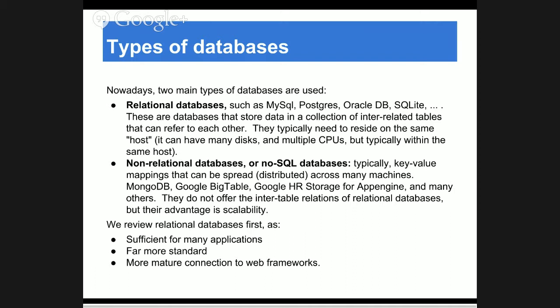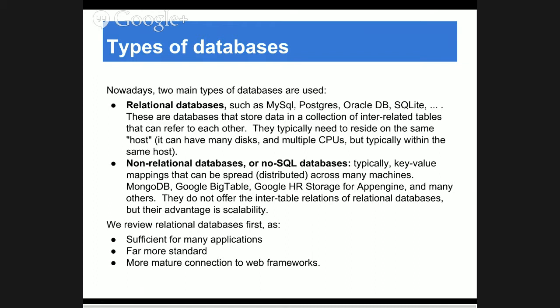Then there are non-relational databases or NoSQL databases, which have in common the fact that they are not relational databases, and there is quite a wide variety of ways in which they work. Some of the common ones whose names you hear are MongoDB, Google Bigtable, the Google Data Store, etc. Many of them have a very simple structure at the basis.